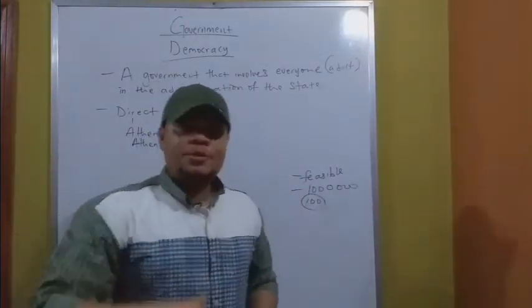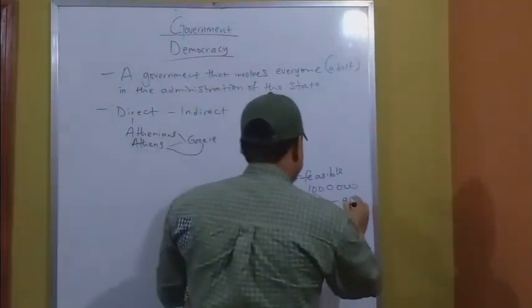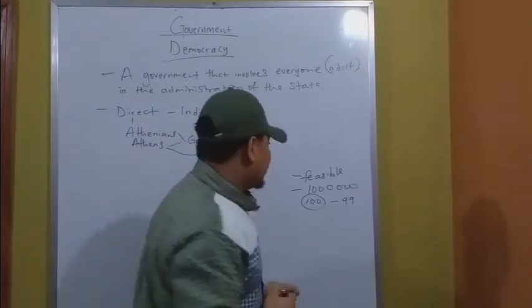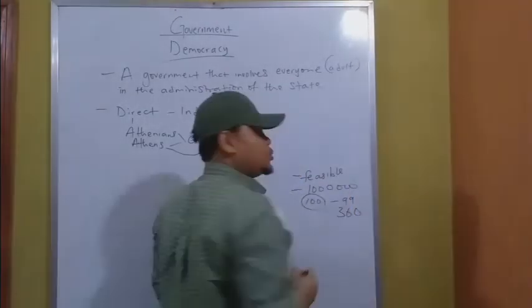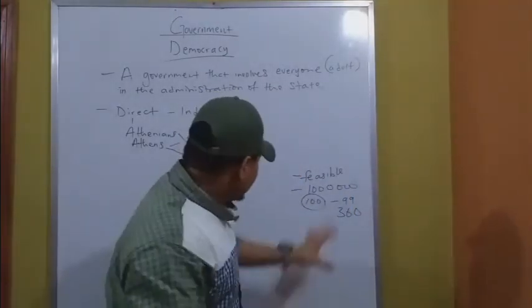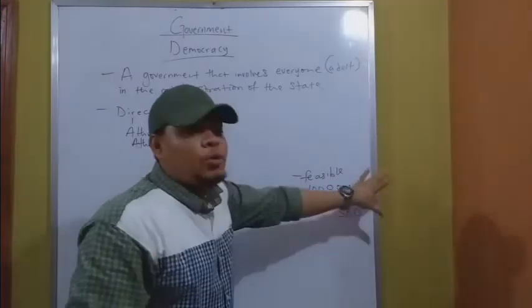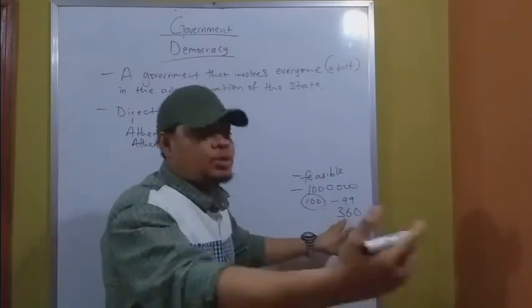Are we together? For instance, the Senate of Nigeria is made up of 99 people. The House of Representatives is made up of 360 people. So these can gather in one place. They don't even gather in one place. The Senate has its own chambers, and the House of Representatives that has 360 people has its own chambers.